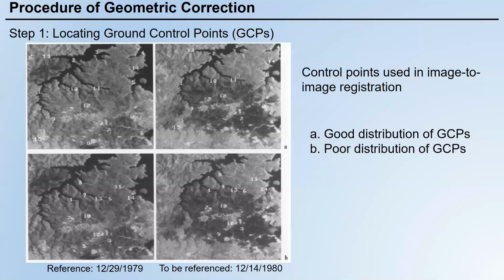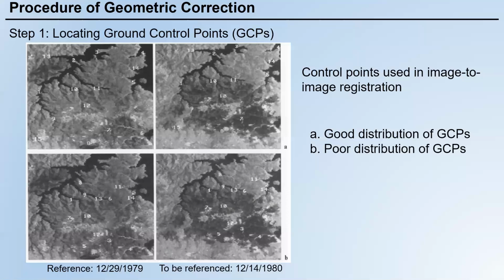There is no specific correct answer or wrong answer for the number of GCPs, but at least try 15, 16. And spread them out. Make sure that they are generally covering the whole image. Do not pick GCP points only from a part of your image. So that's another tip, another trick for selecting GCPs.